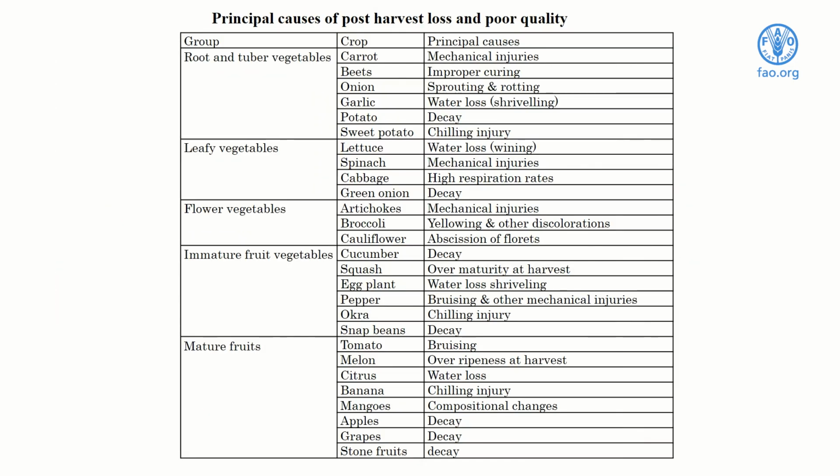This table summarizes principal causes of post-harvest loss and poor quality in different groups of vegetables and fruits, and the crop category is also here, and the principal causes are also summarized here.